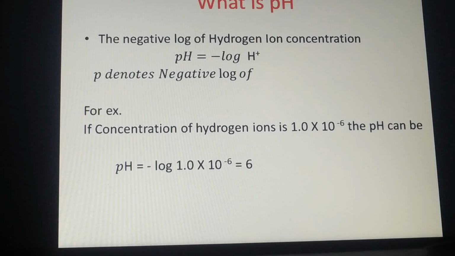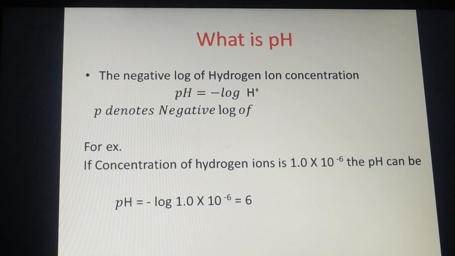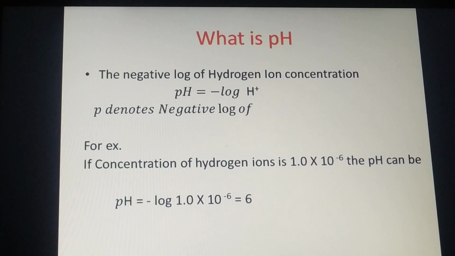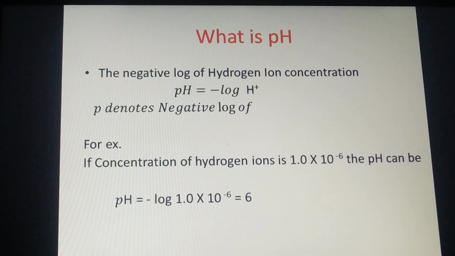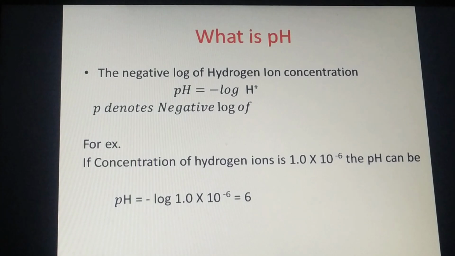So what is pH? pH is the negative log of hydrogen ion concentration, where P denotes negative log of. If there is hydrogen ion concentration, then it denotes negative log of hydrogen ion concentration, and if there is a concentration of OH or hydroxyl ions, then it denotes negative log of hydroxyl ion concentration.